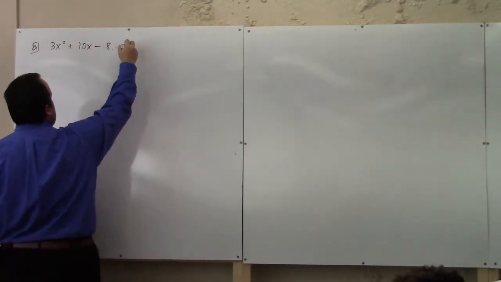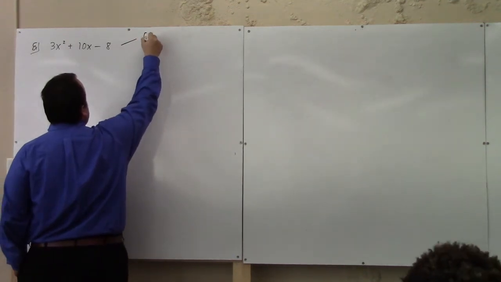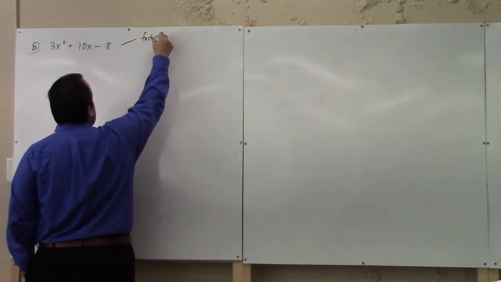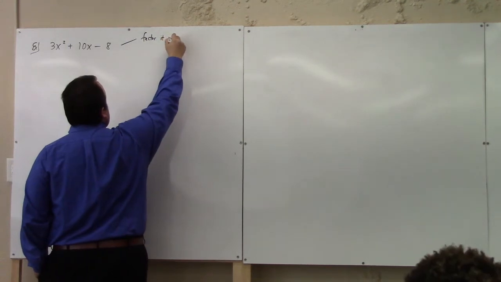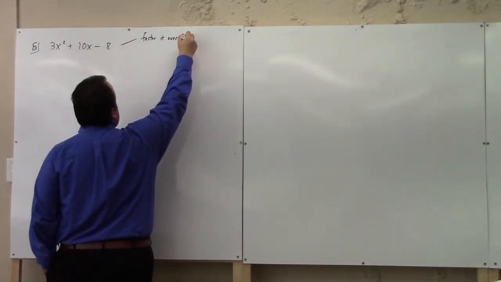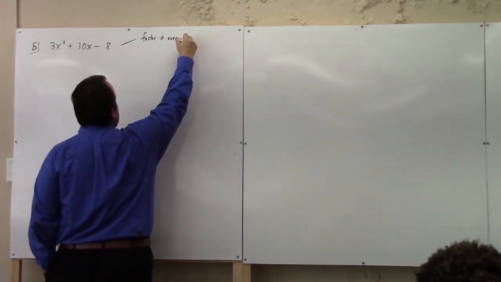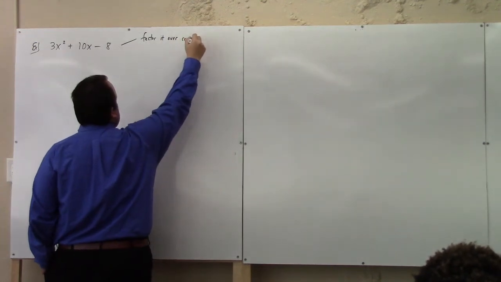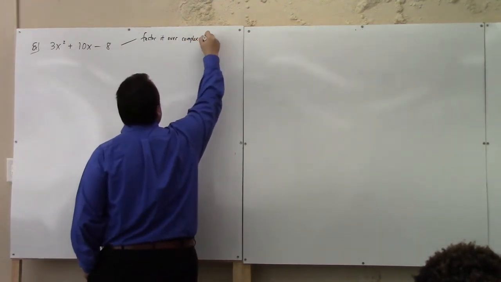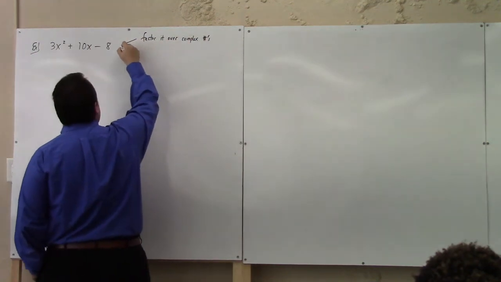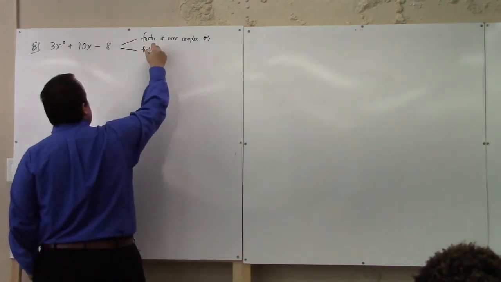Let's do a few things. Let's factor it over the complex numbers. Find the vertex.